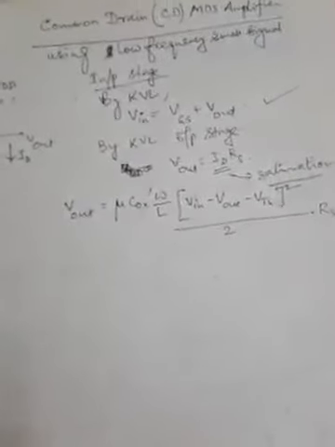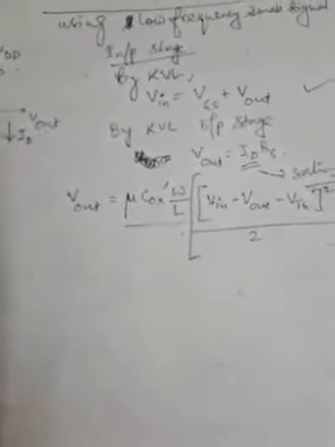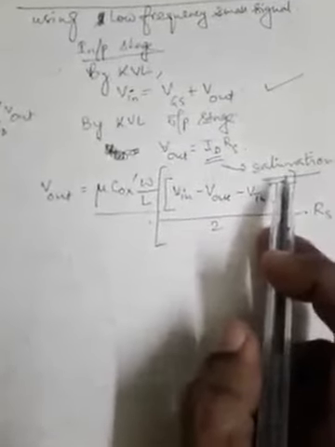Obviously this equation is a product with this whole term. So we can say that this is the new formation of the output voltage V out using the expression for ID, that is the drain current in the saturation region.